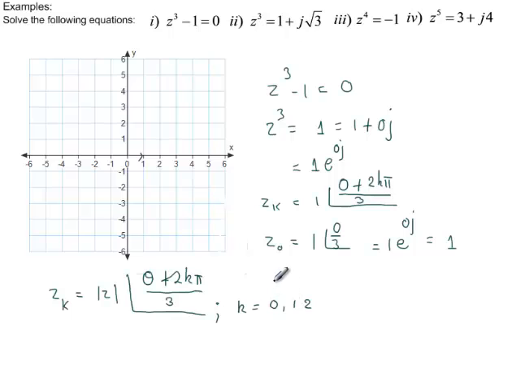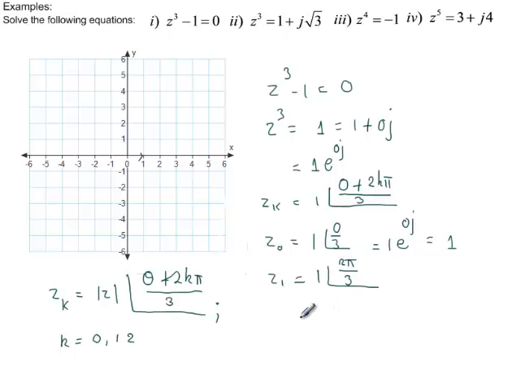Let's come to z1. Z1 will be equal to 1. Now k is 1, then we're going to have 2 pi over 3.